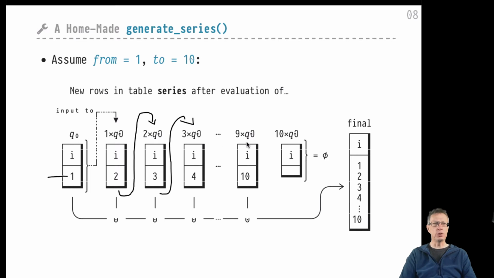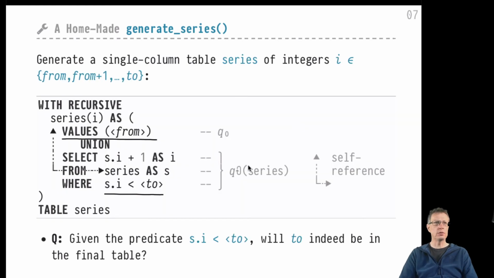In the ninth repetition of our recursive query, we would read a table that contains an I value of 9. From that, we would generate an I value of 10. This would be added to the overall result, and it would then be fed into the 10th iteration of our recursive query. So now the predicate, this predicate.